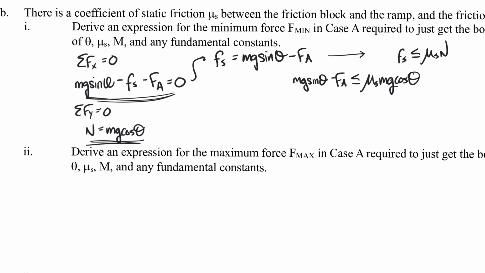I need to solve for the applied force, and I'll get that the applied force is greater than or equal to mg sine theta minus mu s mg cosine theta.